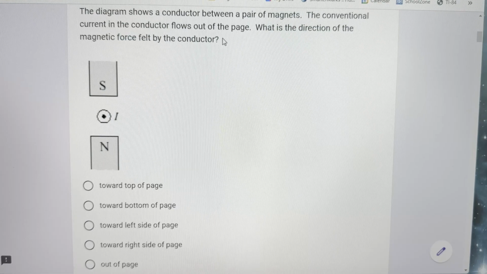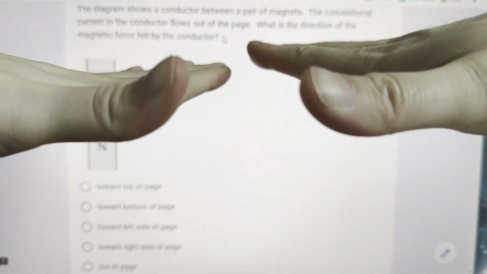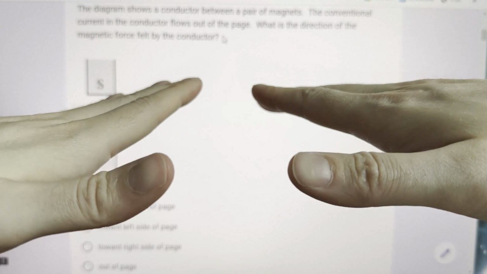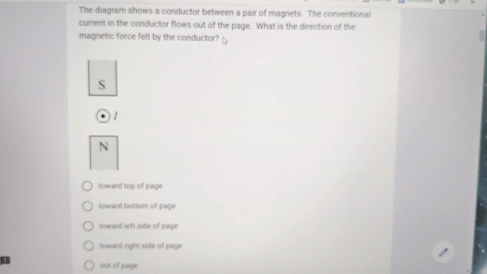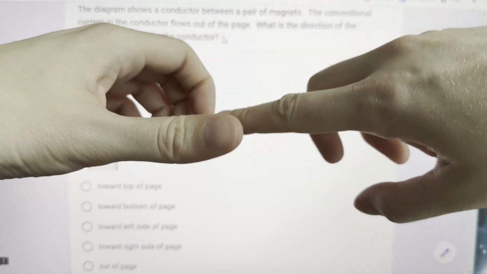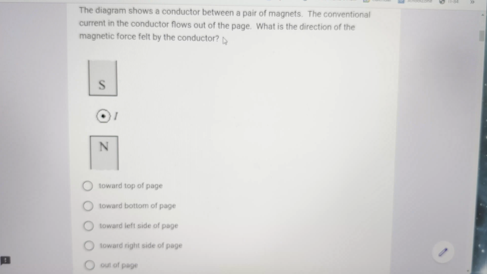Okay, so we know when doing a hand rule, the first decision we basically have to make is is it one of the first two, like this, or is it one of the third hand rules where we've got our fingers like this? And that comes down to, again, the first two hand rules are for when a charge is moving and producing a magnetic field, and we want to know about that charge's magnetic field, or we're interested in that situation, right?